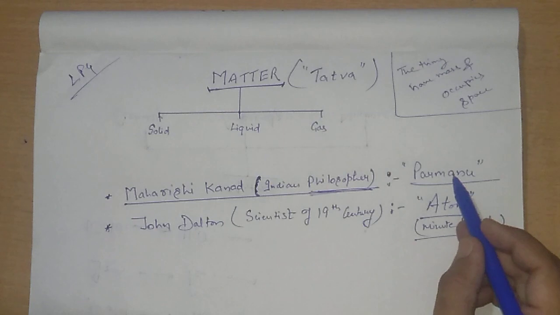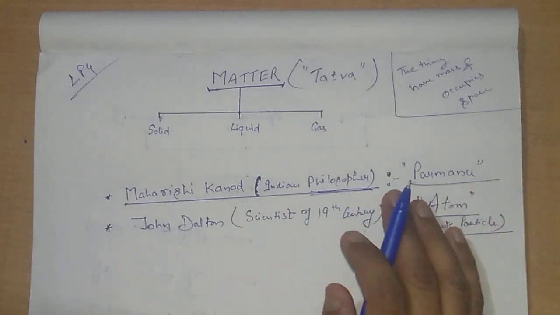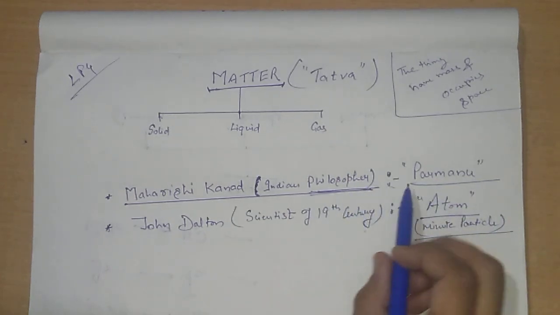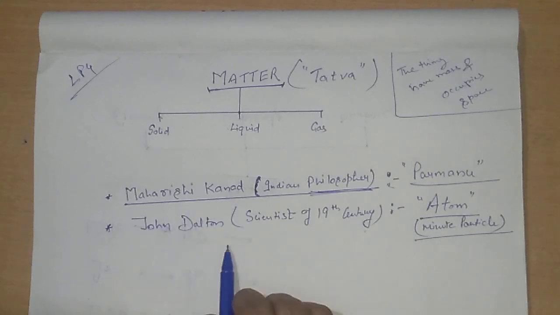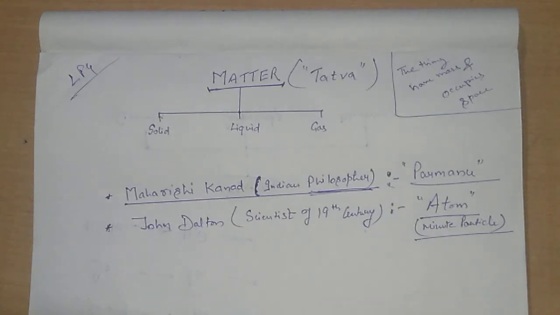Parmanu is a Sanskrit word, given by an Indian philosopher for the first time, and many years after Maharshi Kanad's philosophy, John Dalton, a scientist in the 19th century, gave an experimental theory according to which everything around us is matter, and matter is made up of atoms. Clear? So this is the theory which India presented to the world, and then the world started working on it, thinking over it, and reached the final conclusion that everything around us is made up of atoms.